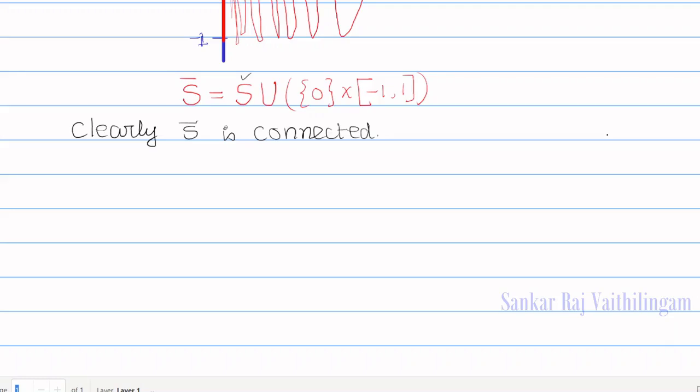Now we claim that S closure is not path connected.